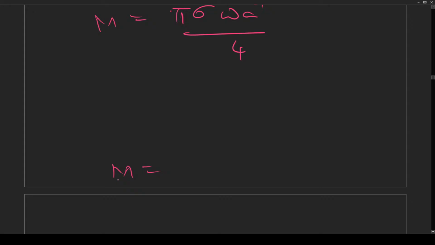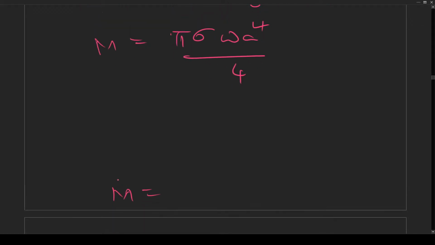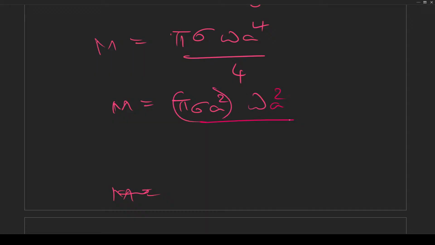From the earlier equation we know that pi sigma a square is equal to the charge. So we will have m, which is equal to q omega a square by 4.